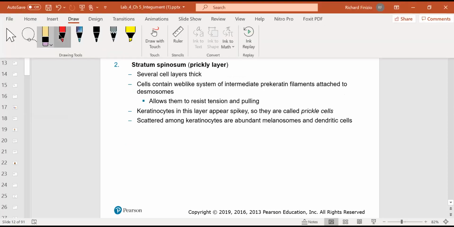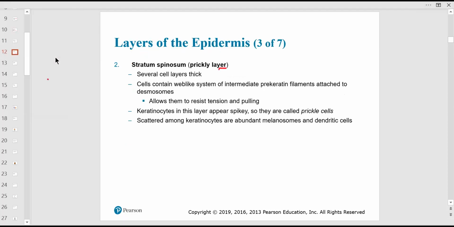Stratum spinosum is a prickly layer. I don't see it, but okay. So it's thick and it's light staining, and this is pretty strong. You have keratinocytes in here. Keratin is huge in the skin, and I guess that's what appears spiky if you really look at high magnification. And melanosomes have DNA for the melanin, right?